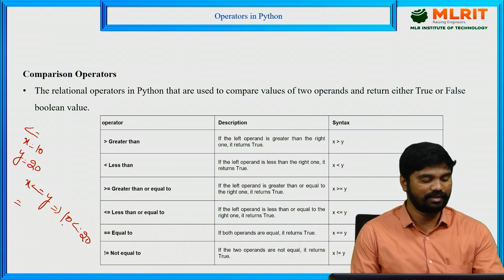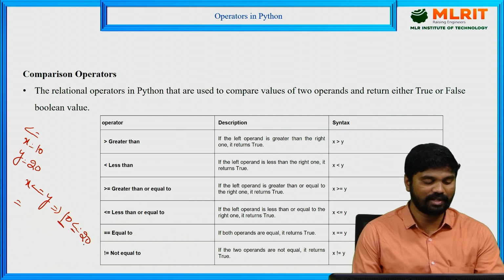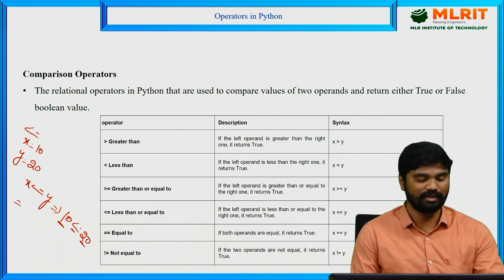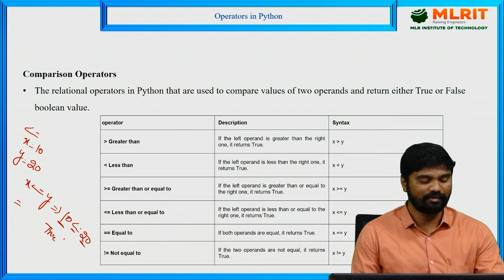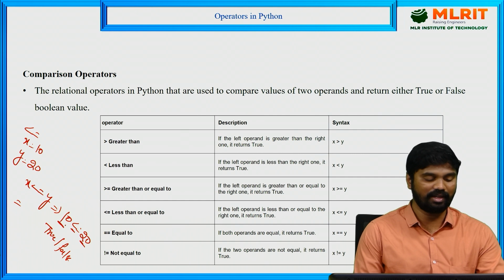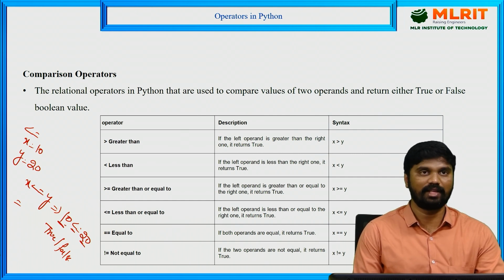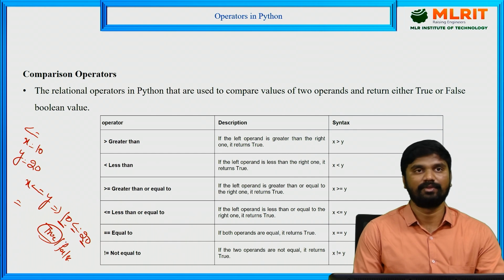What it means is, if the left operand is less than the right operand, it returns true. Otherwise, it returns false. So here, what is the result? Because 10 is less than 20, it returns true. And next we have the equal symbol and the not equal symbol.